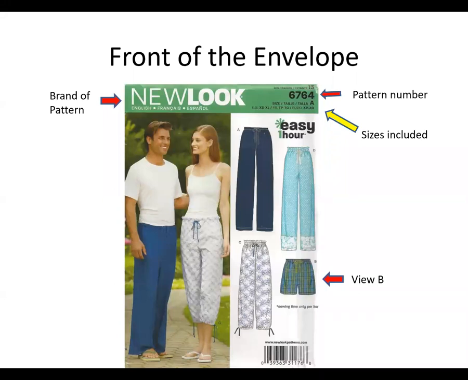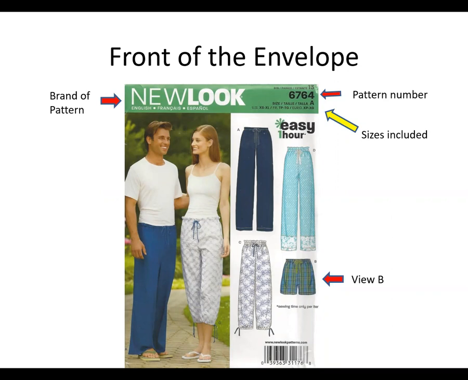You may have heard of Simplicity or McCall's or Butterick. When you go to the store, they will have a Butterick catalog, a New Look catalog, a Simplicity catalog. And you can flip through that catalog until you find a pattern picture of, oh, that's what I want to make. And when you find that pattern picture, it will have a pattern number.